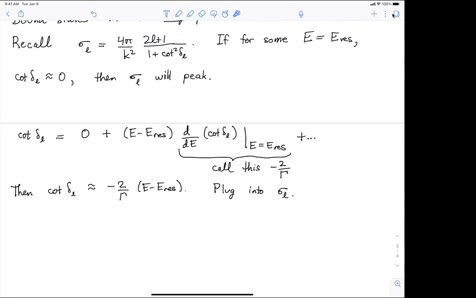And then let's simplify the resulting expression a little bit. And then sigma L is 4 pi (2L plus 1) over K squared. And then the rest of it looks like a typical resonance in energy. So there's an E minus E resonance squared plus gamma squared over 4.